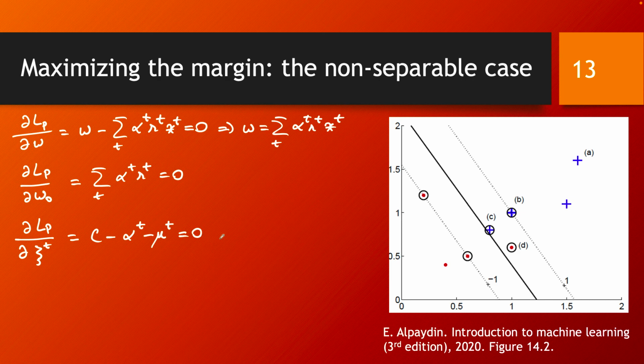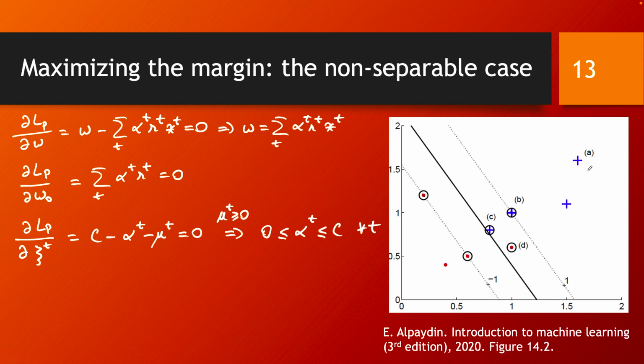Because mu t is greater than or equal to 0, this implies that we have these coefficients alpha t between 0 and C for all data points t.